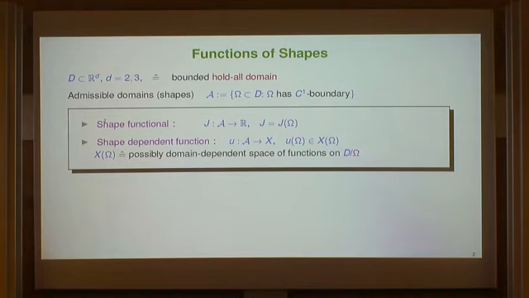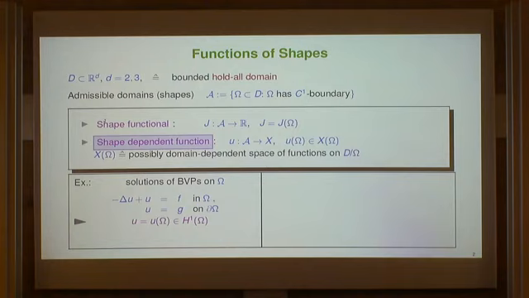There are simple examples for shape-dependent functions, and main examples are provided by boundary value problems defined on omega. Here, a simple Dirichlet boundary value problem, and of course, u depends on omega. So this is an example of a shape-dependent function.